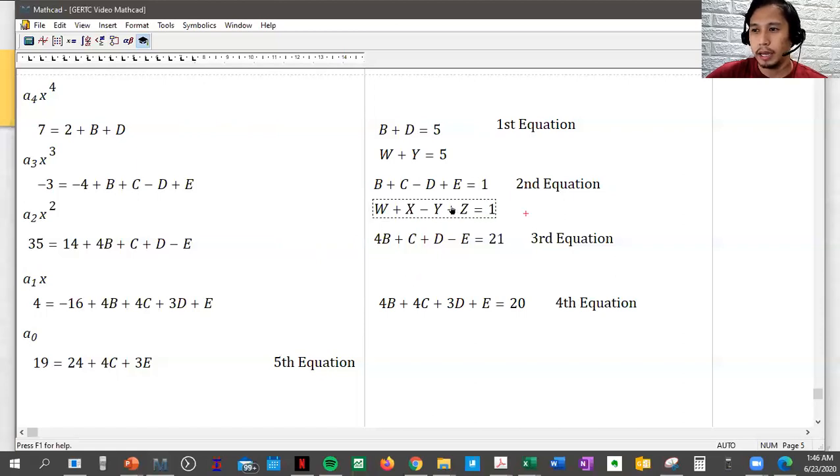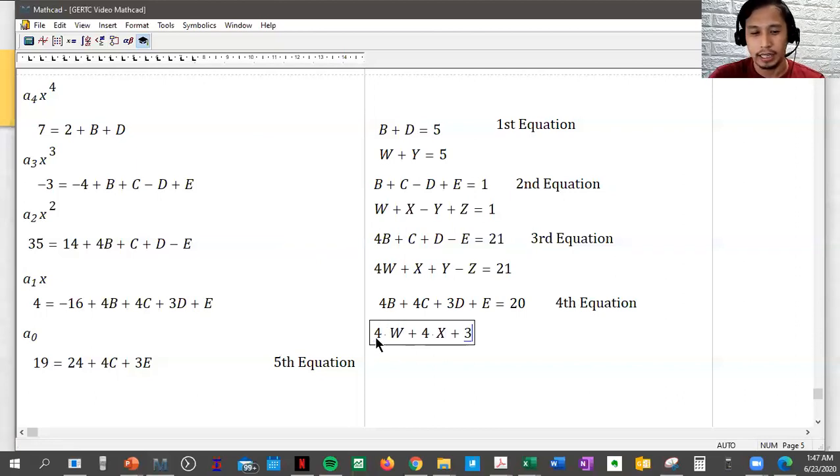Ito yung mga gagamitin natin in evaluating the variables. For b is for w plus x plus y minus z equal to 21. And last, ito, 4w plus 4x plus 3y plus z equal to 20.